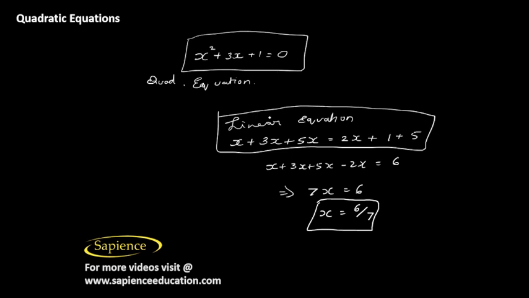So there are some techniques to solve a quadratic equation. First of all, in a quadratic polynomial, we have seen something called the zero of a polynomial. If you remember, a polynomial can be represented in a graph and a quadratic polynomial will be in the shape of a parabola.